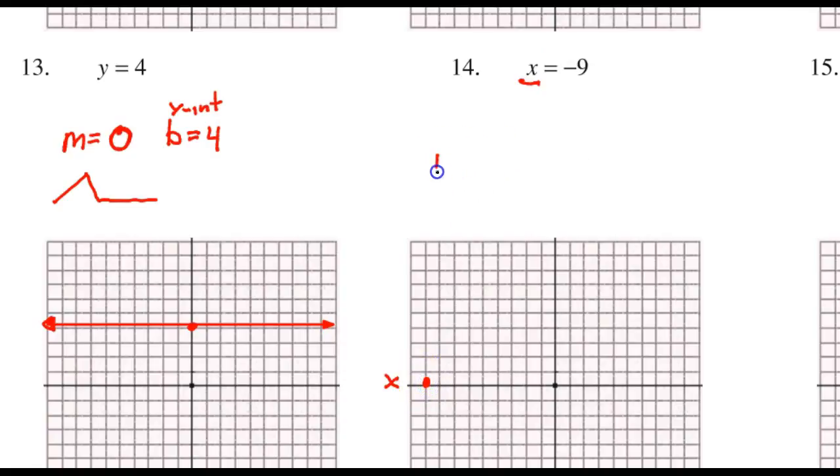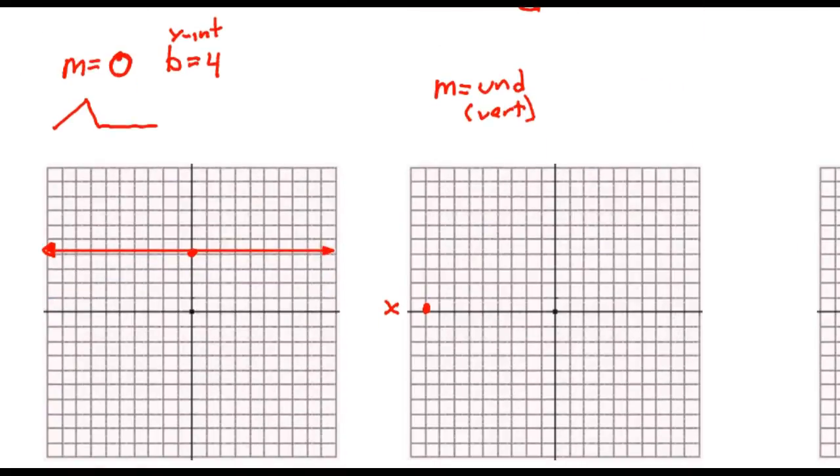And if you remember the slope for these, when they're x equals, that's undefined, which means it's vertical. So you draw a vertical line going through -9. So keep that in mind, that when it's x equals, that's the one that's different. The slope's undefined and it's vertical. There's no y-intercept. If you want to write that down, there's no y-intercept at all.